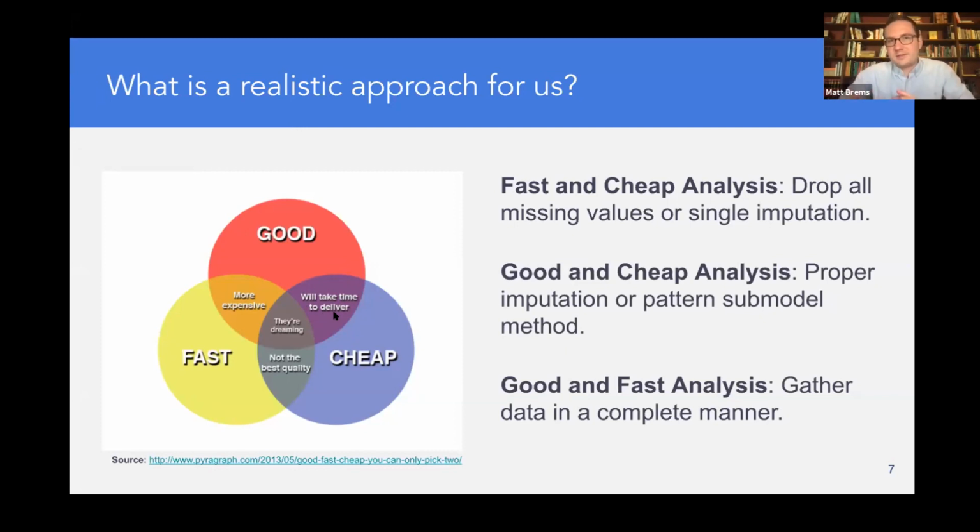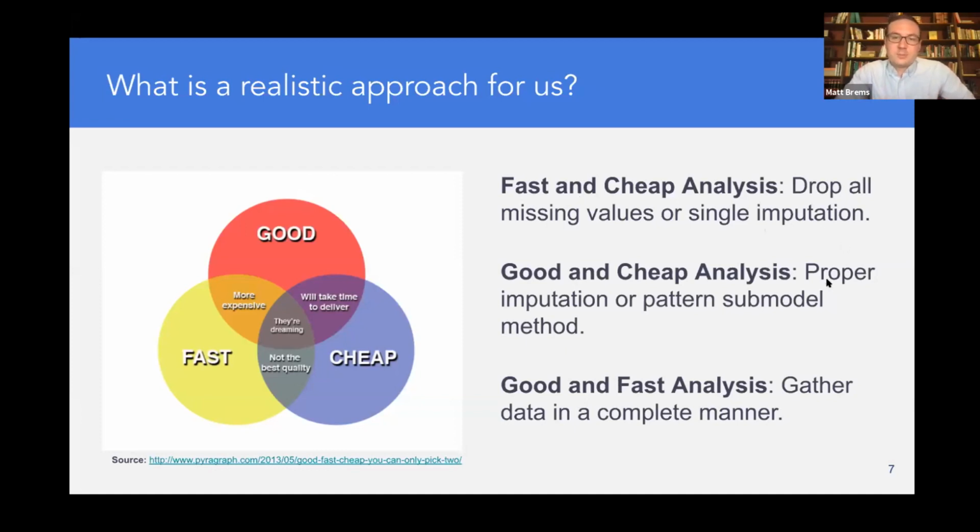So I like to apply this to missing data. When you're thinking about doing data science with missing data, there are a few different approaches you can take. I might describe, if you were to just drop all values that contain any missing data, or all observations that contain missing data, or you do some sort of single imputation, and we'll talk about what that is, I would say your analysis is fast and cheap, but the downside of that is that your analysis is not going to be as good as it could be.